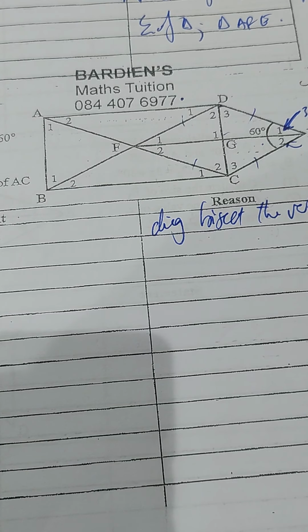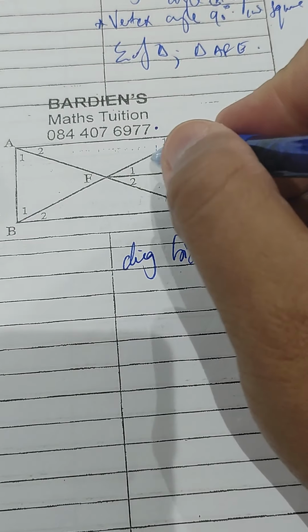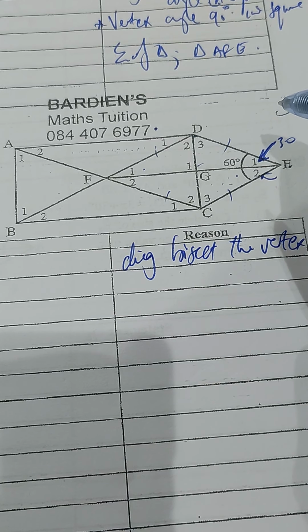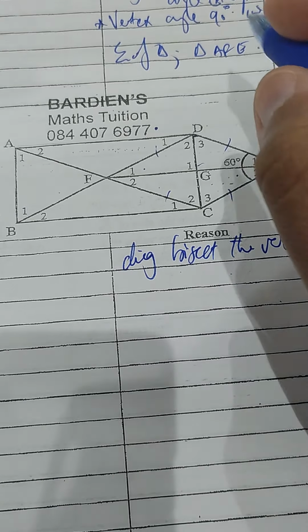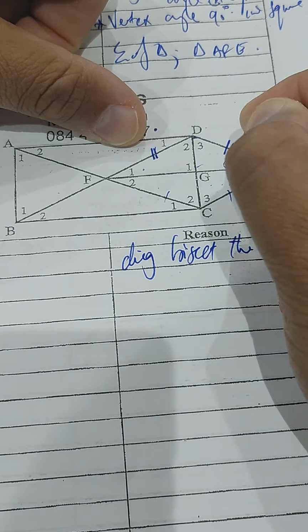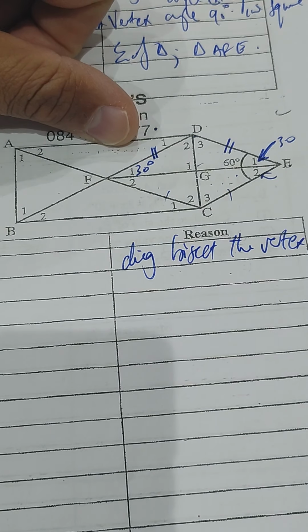Then they wanted to know F1, which is this angle here. So that is also 30 degrees, as you can see, the lengths are equal in a rhombus. So this is always going to be 30 degrees, angles opposite equal sides.